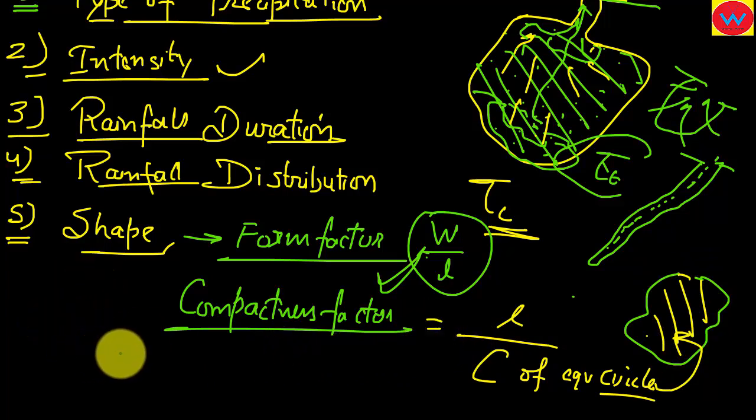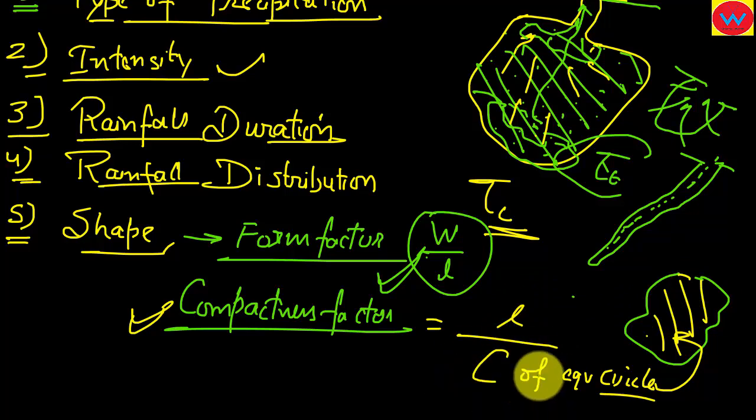Compactness factor influences runoff in such a way that the lower the value of this compactness coefficient, the more rapidly water is likely to be discharged from the catchment area via the mainstream. So the concept is: if your value is low, that is, your L, the periphery length, is less and C is more.